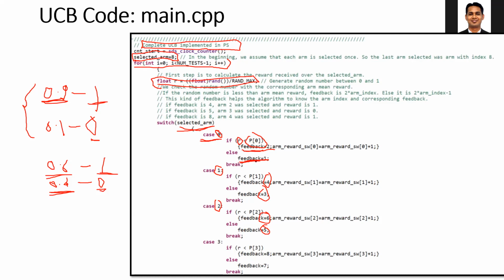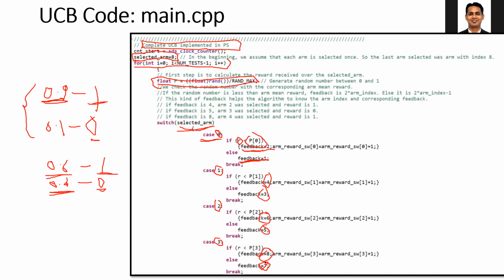If the feedback is 5 or 6, you know that the third arm was selected. Starting with index 0, the arm with index 2 was selected. If it is 7 and 8, then the arm with index 3 was selected. So by using this range, you know which arm is selected, and whether the reward is 0 or 1 based upon whether the feedback is even or odd.